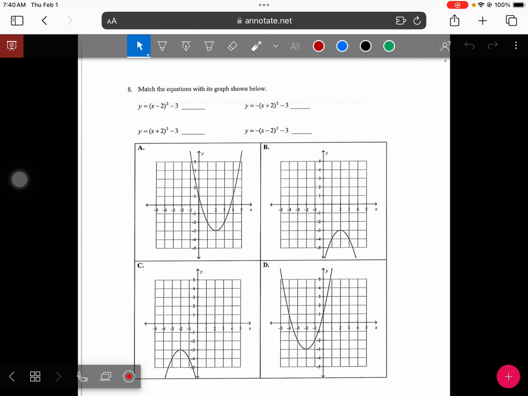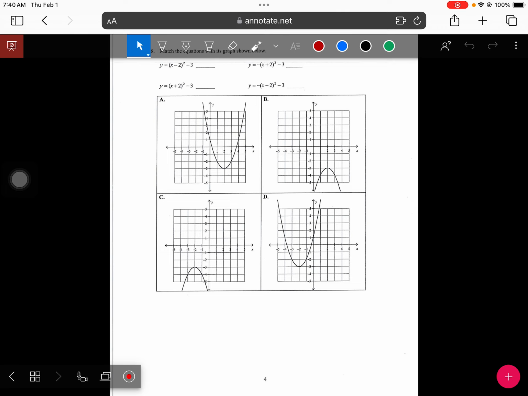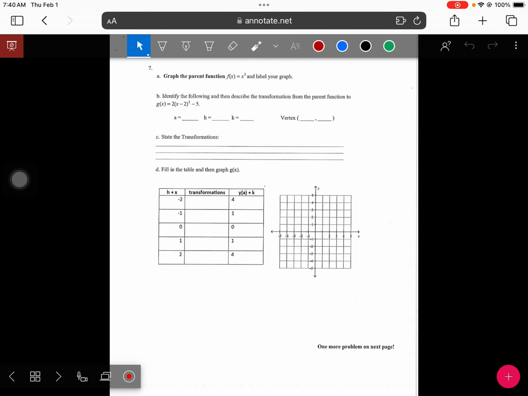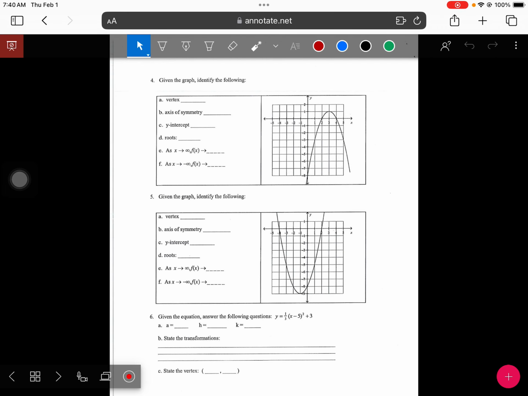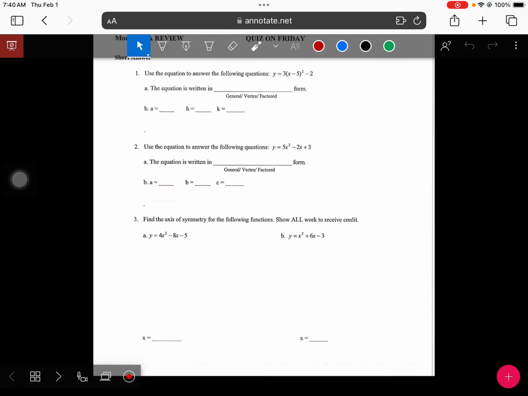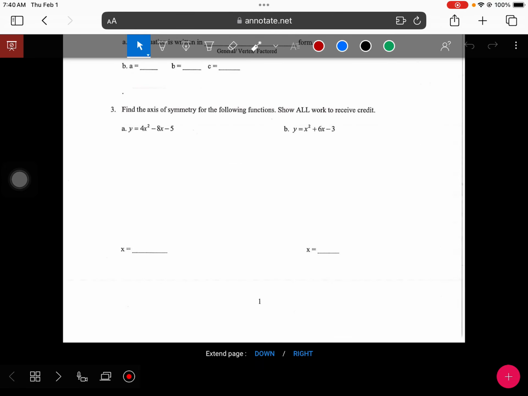Questions? Which one? 3A. Yes, axis of symmetry. Find the axis of symmetry for the following functions. Show all work to receive credit. So for axis of symmetry, one of those formulas up at the top is the axis of symmetry. Which one?